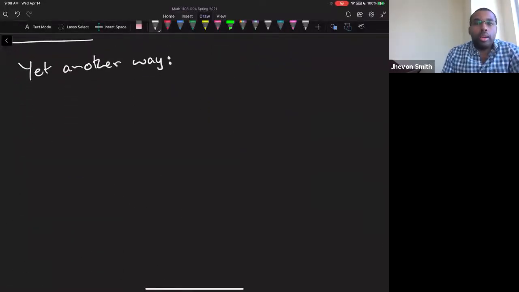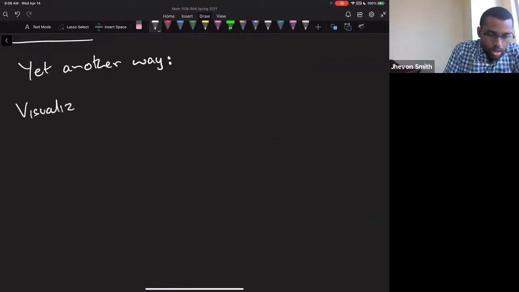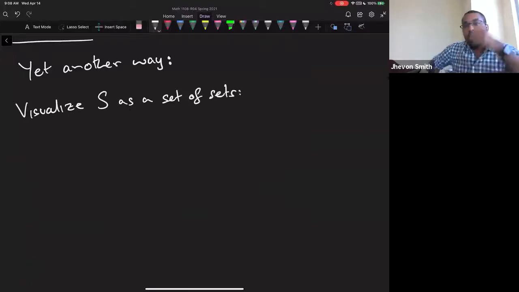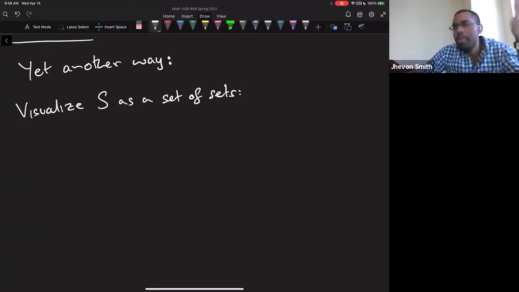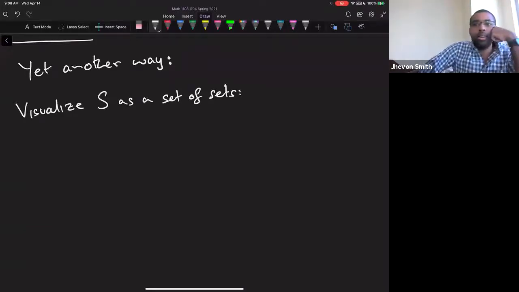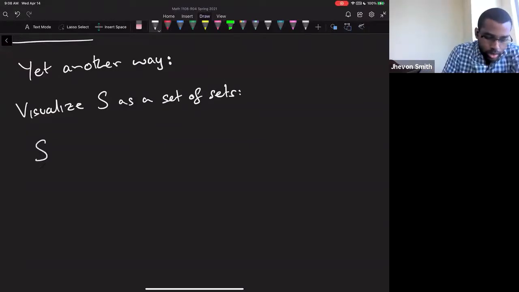Another way you could think about this is to visualize S as a set of sets. Let's say it didn't make sense to someone that they should worry about the order. I'm just picking 2 cards. Does it really matter if I pick one first or one second? I don't think it should matter. So I'm not going to use a tuple. I'm going to use just sets, in which case you can think of it as a set of sets.